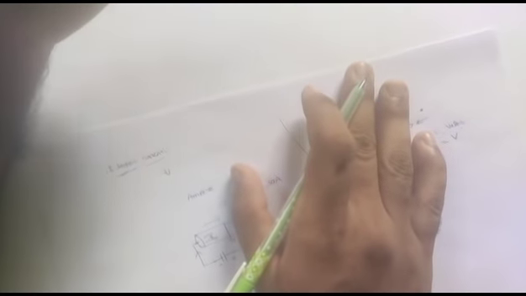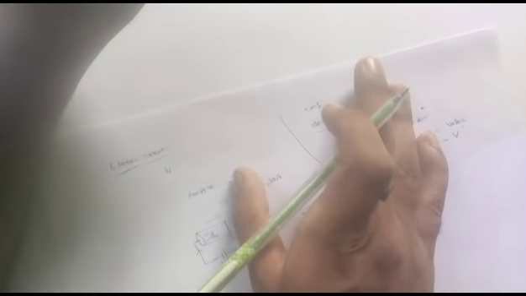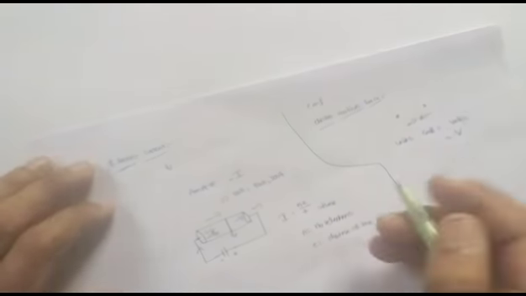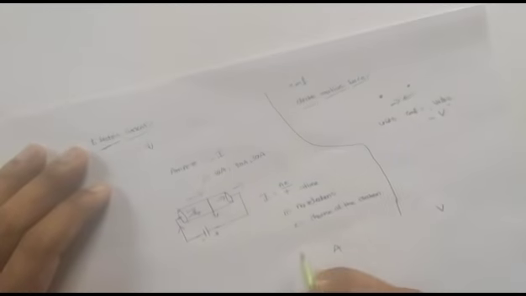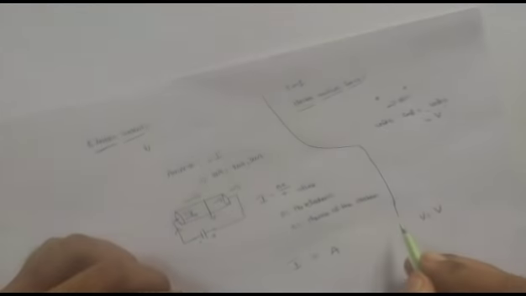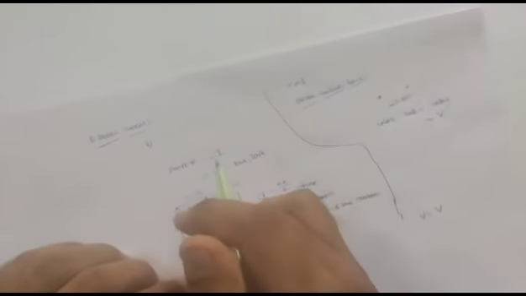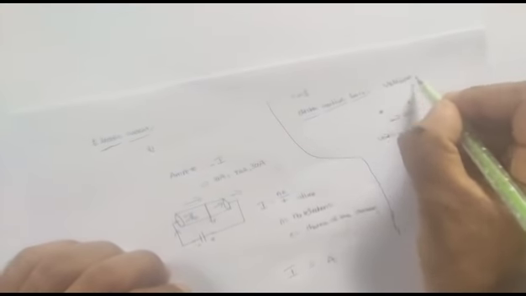The force which is used to move the electron from one point to another point is known as voltage. Clear? The unit for current is amperes and the unit for EMF is volts. The symbol for current is I, and the symbol for voltage is V. That's it. This is the basic about electric current and electromotive force, in other words voltage.